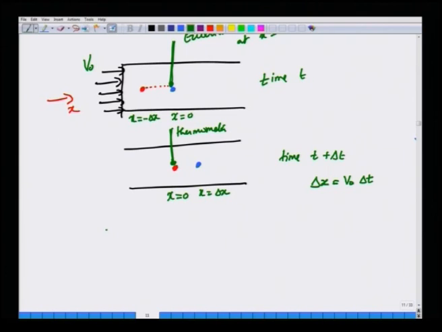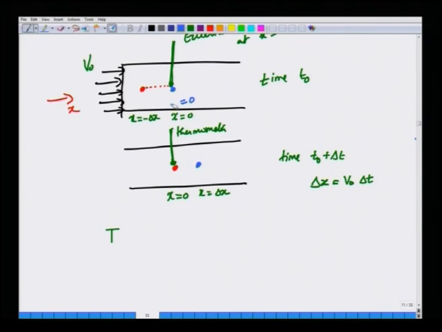Before I proceed further, let us also denote the Lagrangian labels of these particles. Each particle is denoted by its position at time t 0, to be consistent with my previous lecture. So, all points are marked by the positions at time t 0. For this point, the Lagrangian coordinate is x equal to 0.